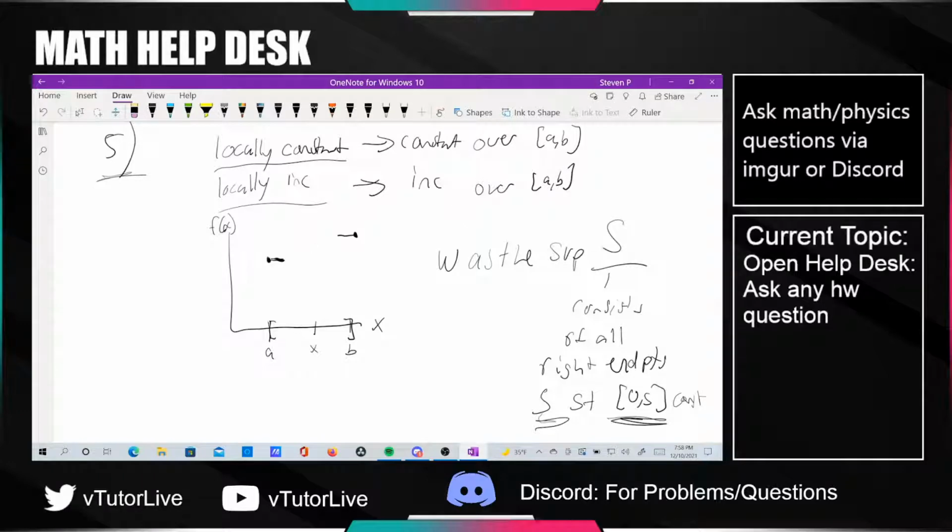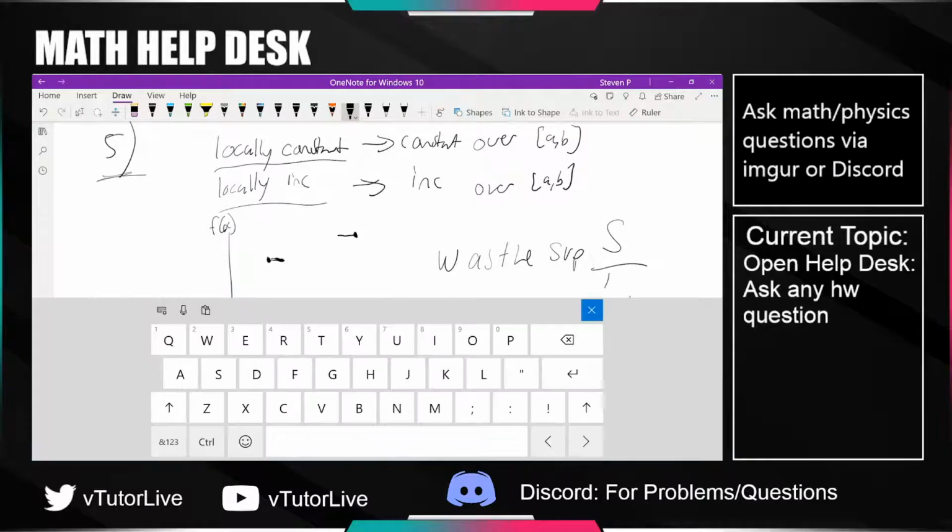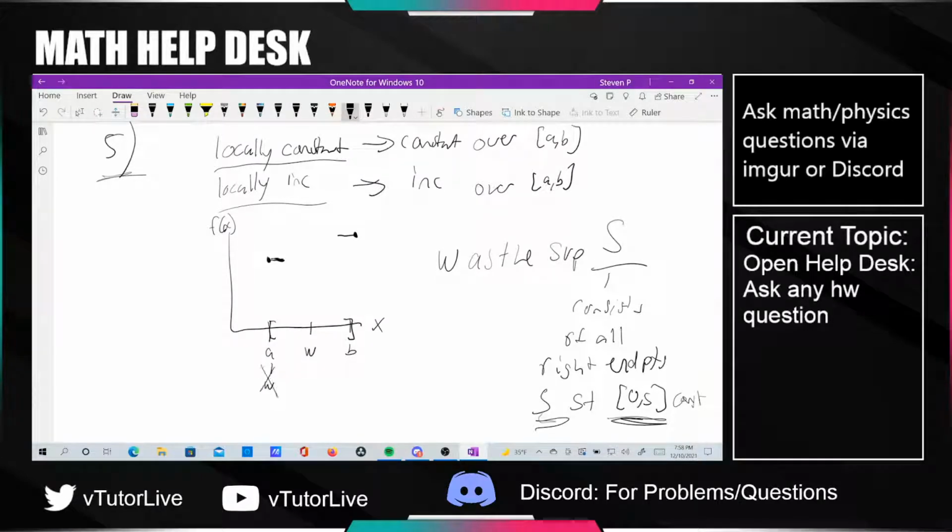And the idea here is that you want to show that W is equal to B, and to do that, you have to rule out W is equal to A, or W is in between. It's pretty easy to rule out that W is equal to A. I'll let you remind yourself by looking at the proof. But the hard case, the meat of the idea, is when A is less than W is less than B.